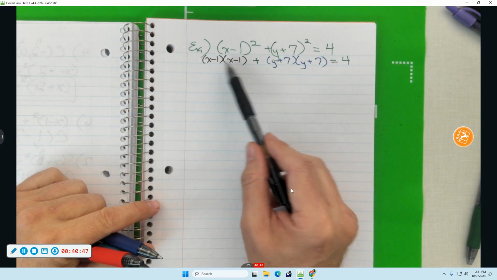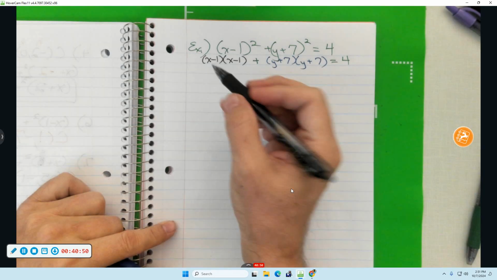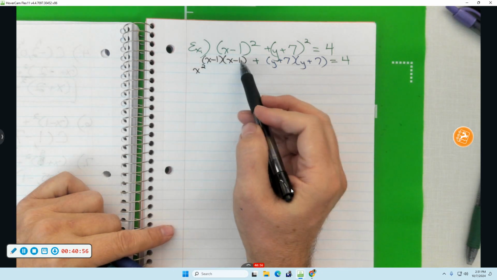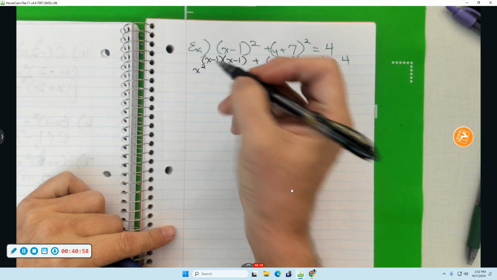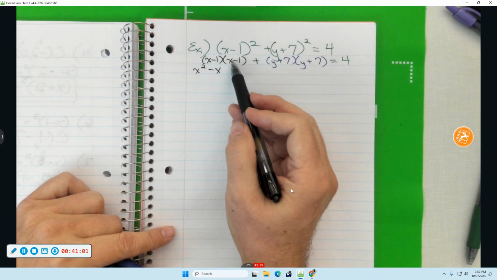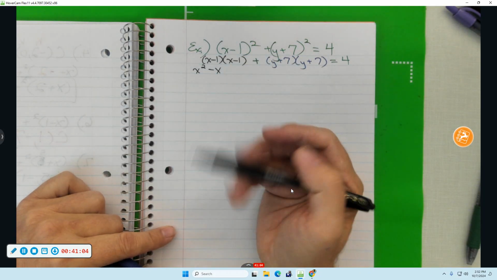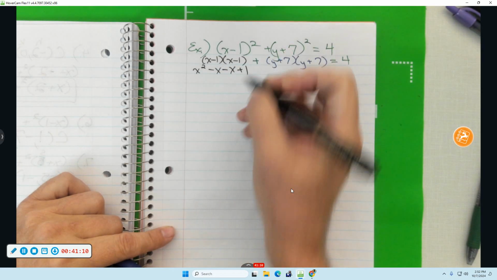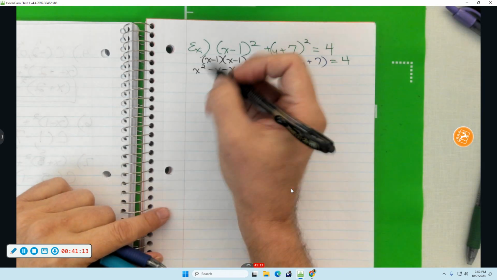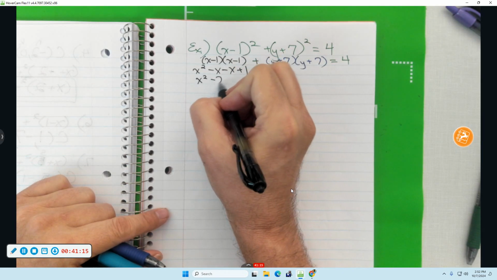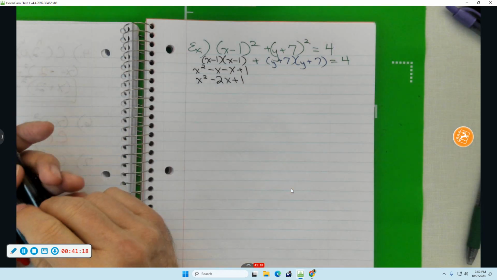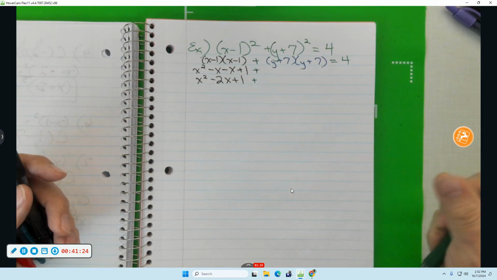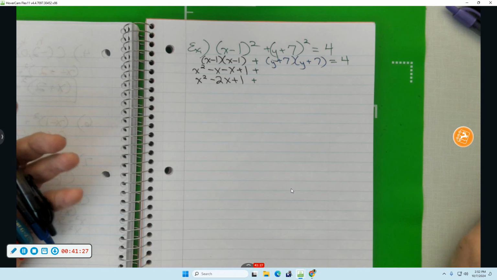Let's FOIL this out. X minus 1 times x minus 1. First, x squared. Outer, it's an x times a negative 1. Inner, same thing. Last, and then we can combine the negative x minus x to give us x squared minus 2x plus 1, plus, let's FOIL out the y plus 7 times the y plus 7.